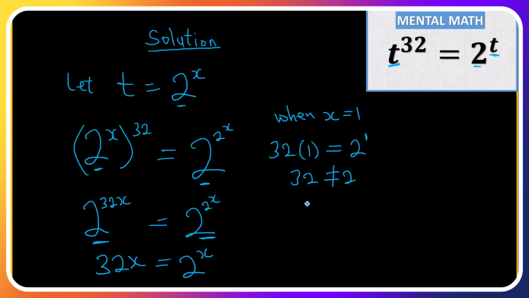when I go to the value 8, when x is 8, let's see, 32 multiplying 8 equals 2 raised to the power 8.